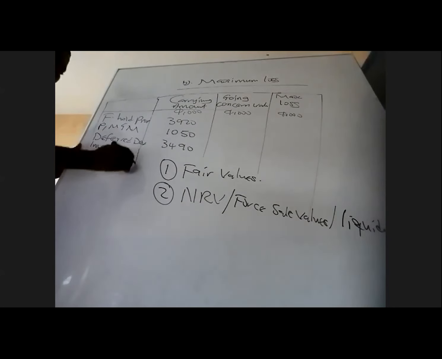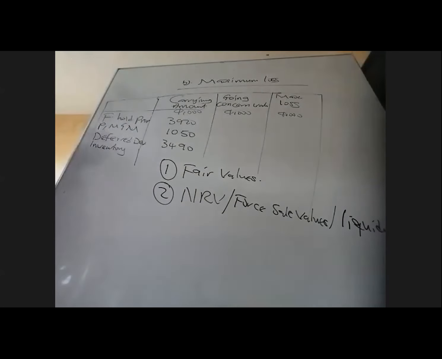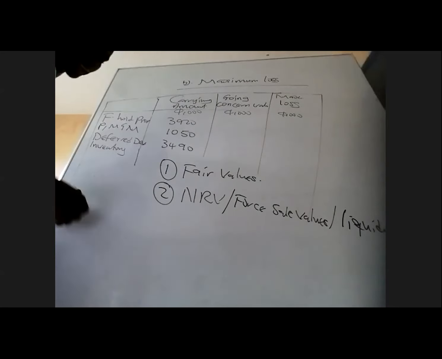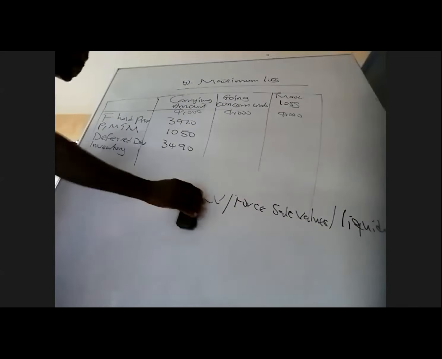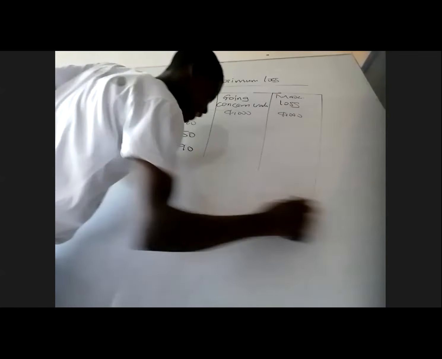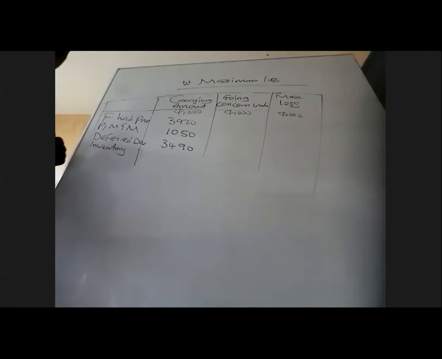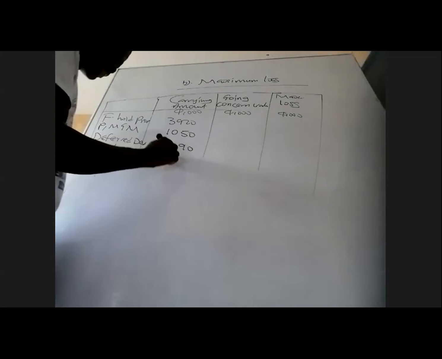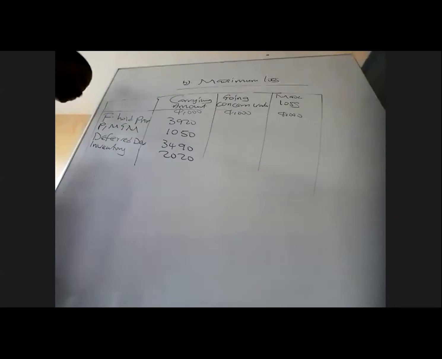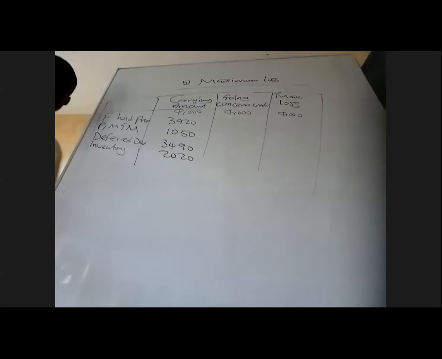Now what's the inventory value? The value of the inventory is what? 2020. Good. Now let me take this section off. 2020 doesn't mean that the question will come 2020. What's the history of 2020? What occurred there? It's a pandemic year.